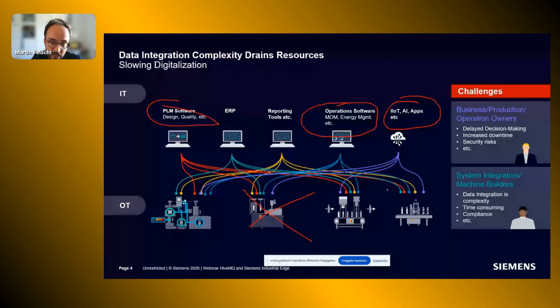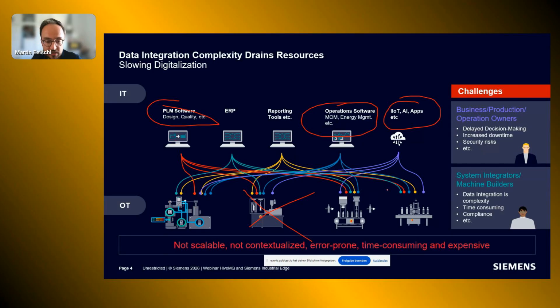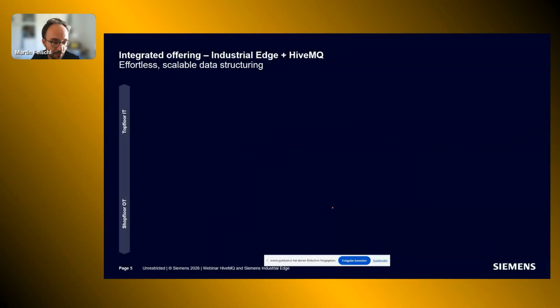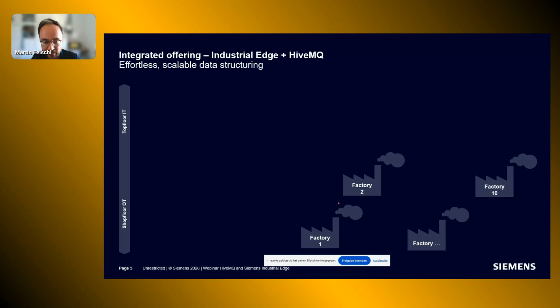And after this not scalable, not contextualized, error-prone and time-consuming realization of our challenge, I would like to introduce a new way of working. So again, we have our customer example, we have our 10 factories.